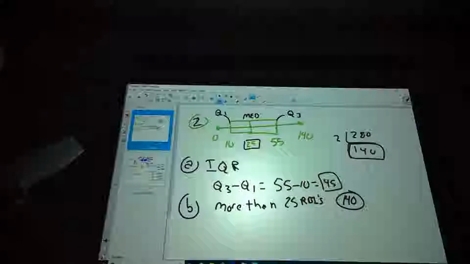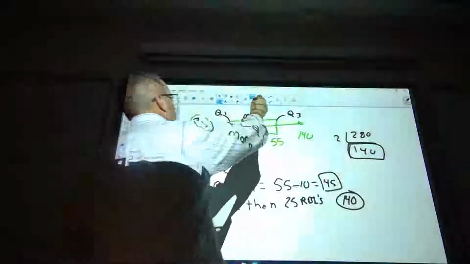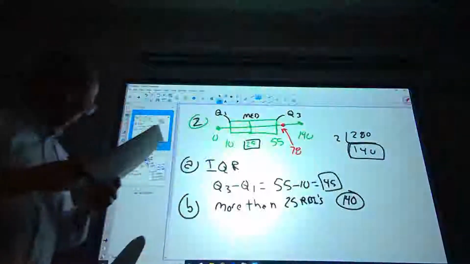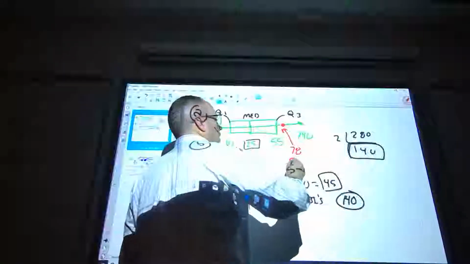Letter C talks about B.J. Upton of the Tampa Bay Rays, who hit 78 RBIs. So let's just say 78 somewhere in here. This is the 90th percentile value on this chart. 90th percentile. So this is called the 90th percentile. We'll just write it as 90%.